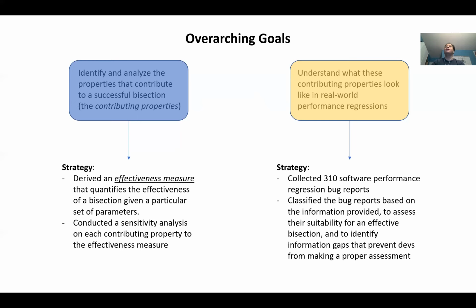I also tried to identify any information gaps in these bug reports, because if we're lacking information regarding what the regression looks like, we won't have the means to effectively analyze whether the bisection is going to succeed or not. So that's one of the things I try to answer in this study. That's the main goal, and this is the strategy I've laid out.